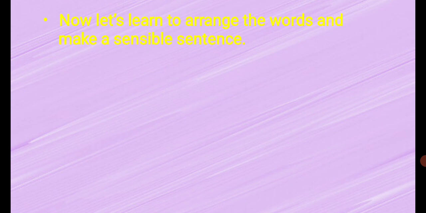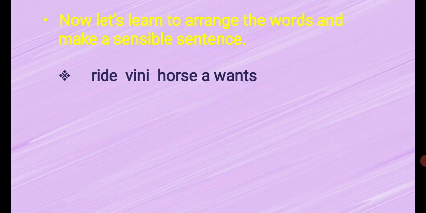Subject, verb and object. Now from these rules we are going to make a sensible sentence. Let's see how. The first sentence is: ride Winnie horse a wants. Just read the words separately.